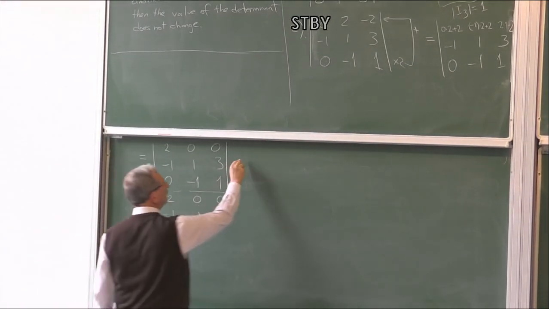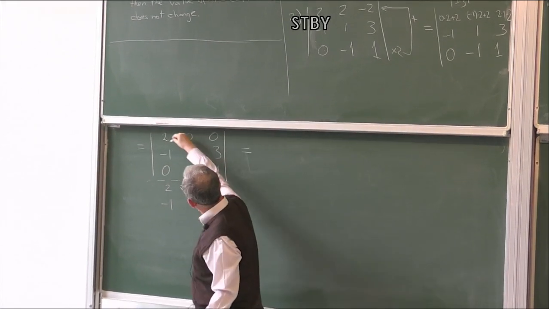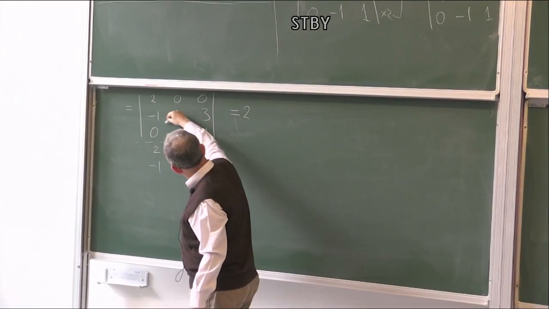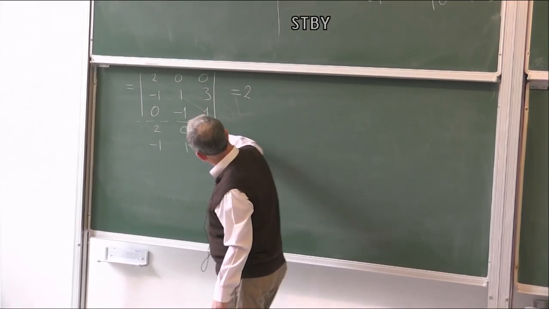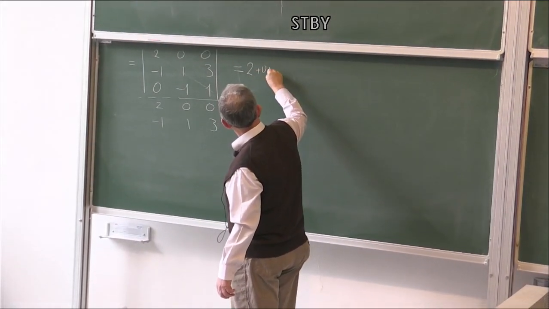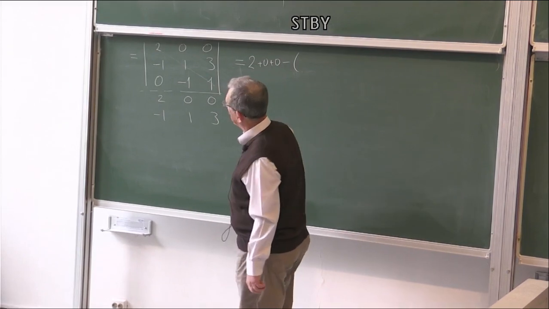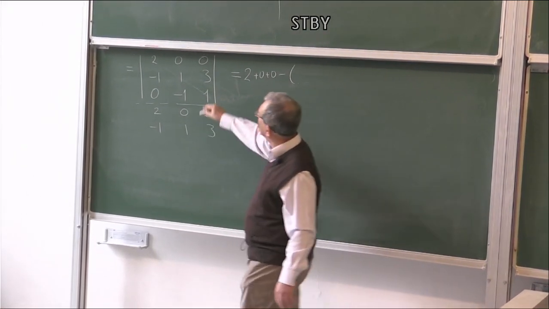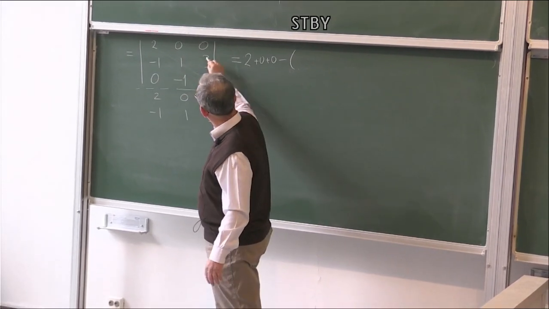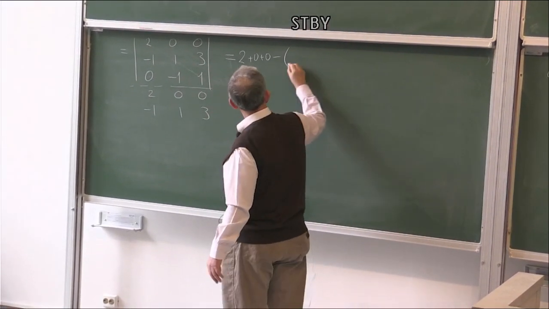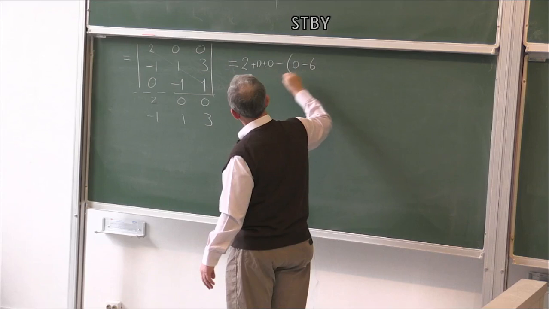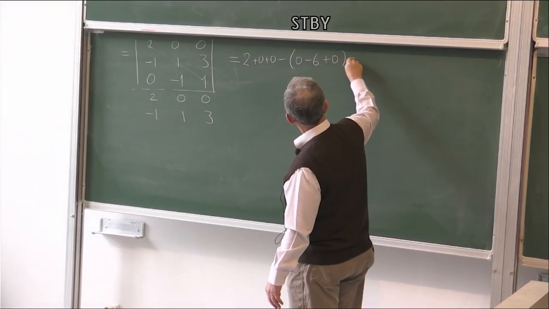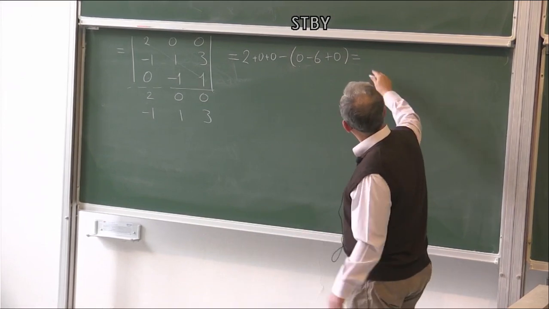Then, in this determinant, we have this product, which is 2, and then we have 0, and then we have 0. Minus the other products of the diagonal elements. So the first one is 0. This one is minus 6. And the last one is 0. So that's 2 plus 6. That's it.